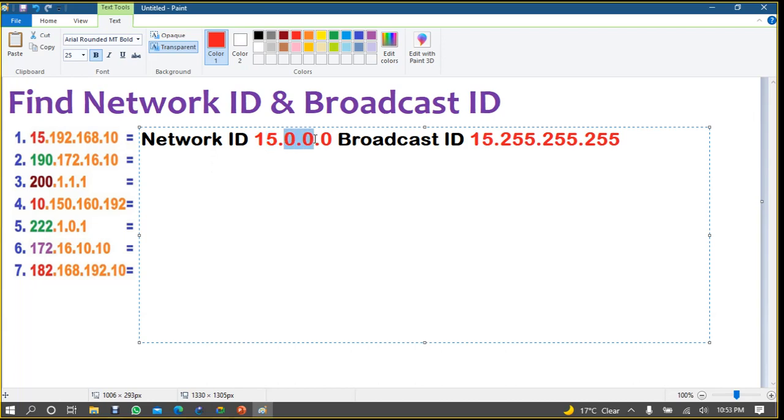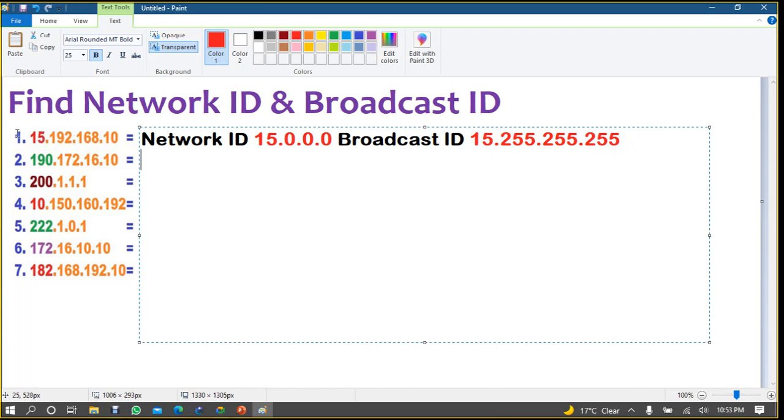After that, all is host. So the network ID will be like this: the first octet will never change and the last octets will be converted to 0. Same in the broadcast ID: the first octet will never change and the host octets will be converted to 255.255.